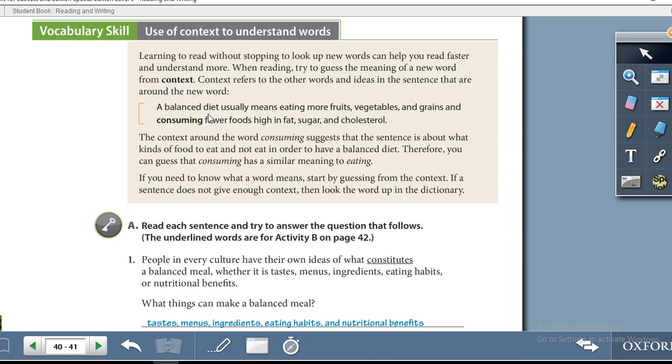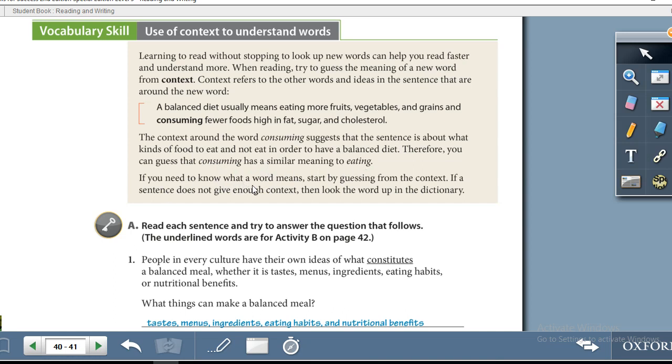For example, a balanced diet usually means eating more fruits, vegetables, and grains, and consuming fewer foods high in fat, sugar, and cholesterol. The context around the word consuming suggests that the sentence is about what kinds of food to eat and not eat in order to have a balanced diet. Therefore, you can guess that consuming has a similar meaning to eating.